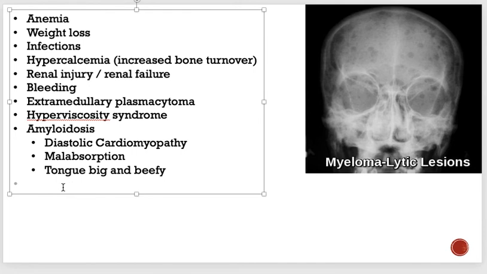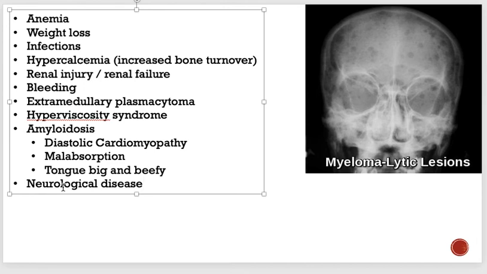Many of the patients present with neurological disease as well. They have muscle weakness, pain, and paresthesia. Why?